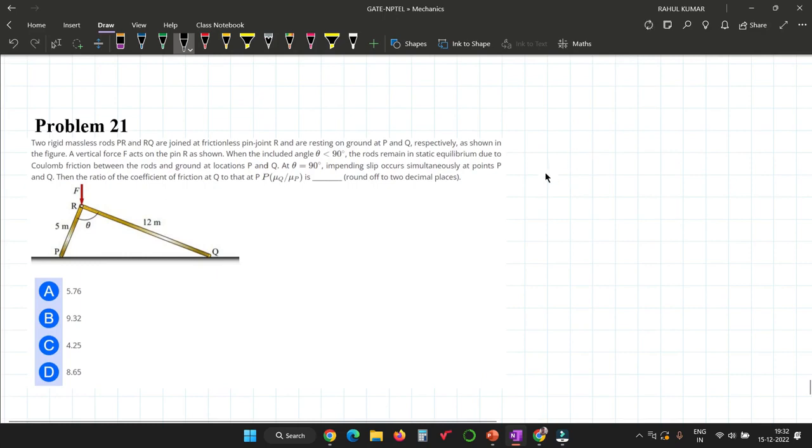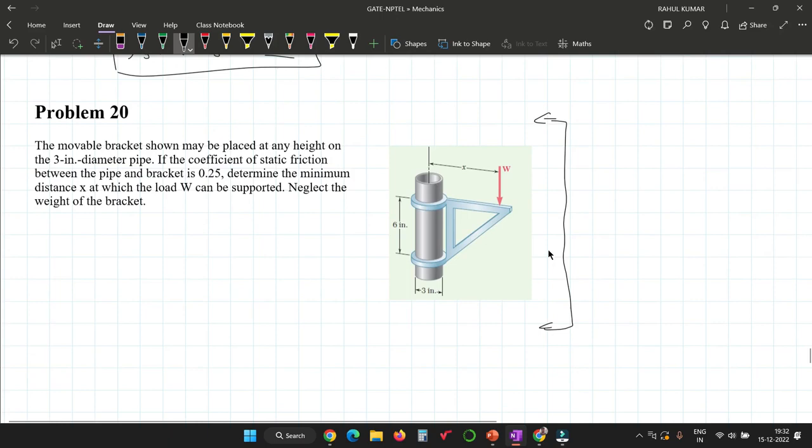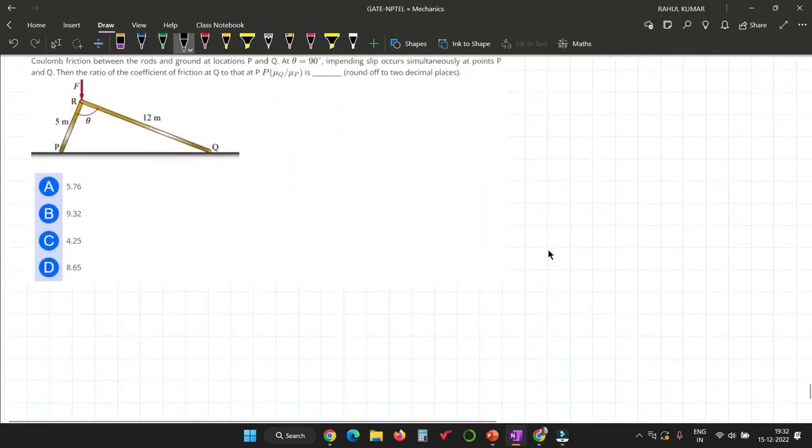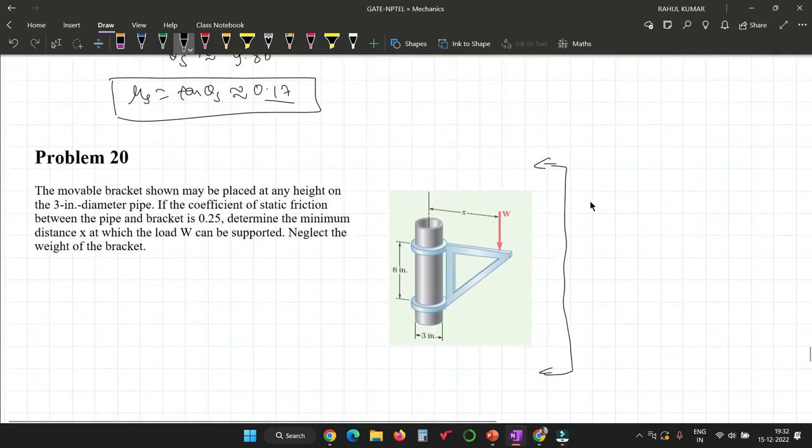I have already given the link of the OneNote, so you can find these two problems there. This problem is already from GATE, but you have to solve it as homework. And next week we will move on to kinematics and dynamics.